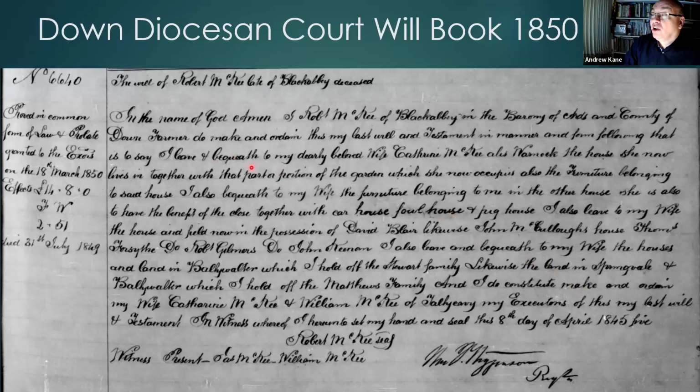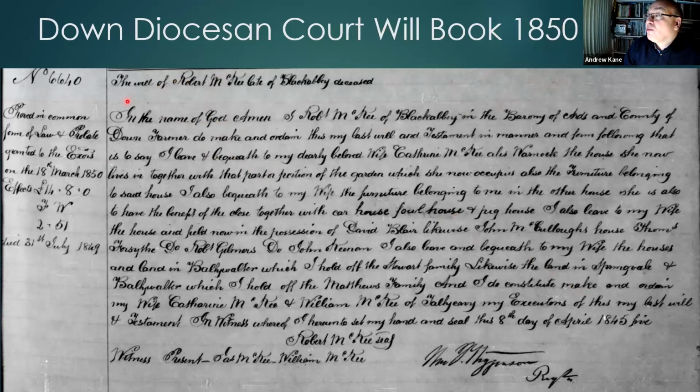And here's one of those County Down wills. Again, we wouldn't expect to see a will book before 1858 because it is the civil probate courts whose will books are on the Prony website. But this is the Down Diocesan Court will book, which survives for the period from 1850 up until 1858.